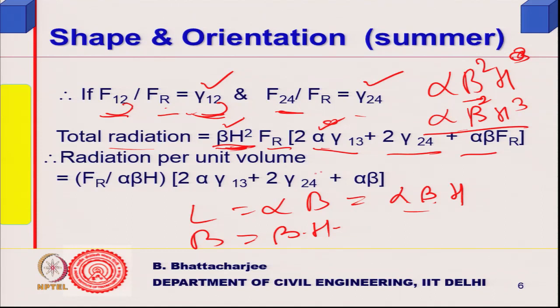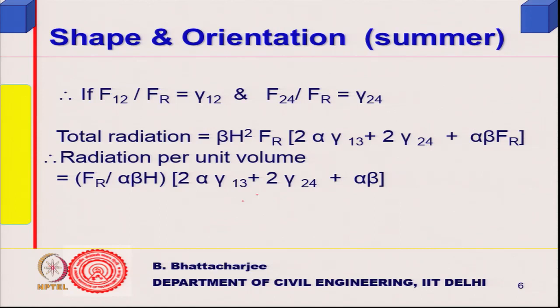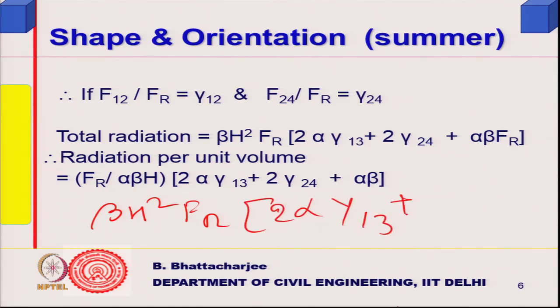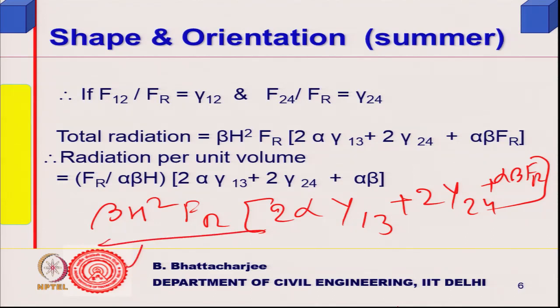So, this divided by, just let me do this: beta h square f r into twice alpha y13 plus twice y24 plus alpha beta f r, and this I am dividing by alpha beta square h cube.